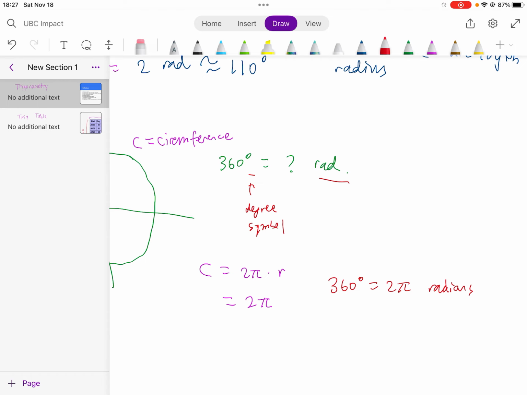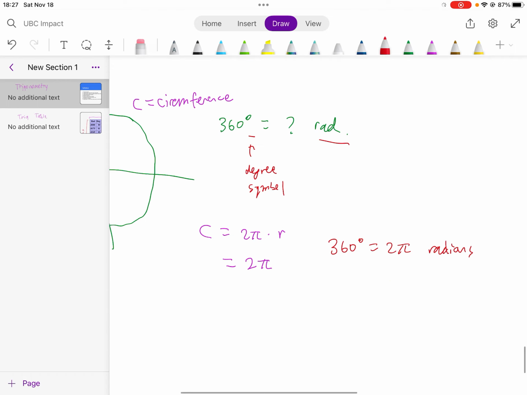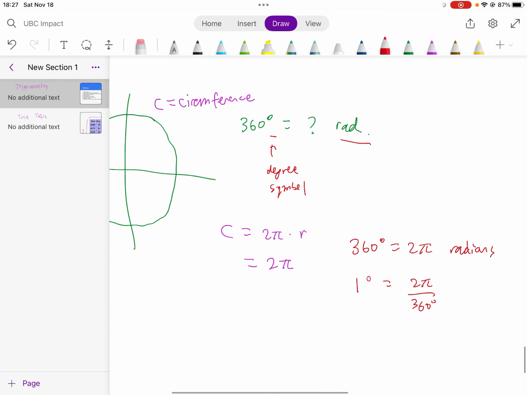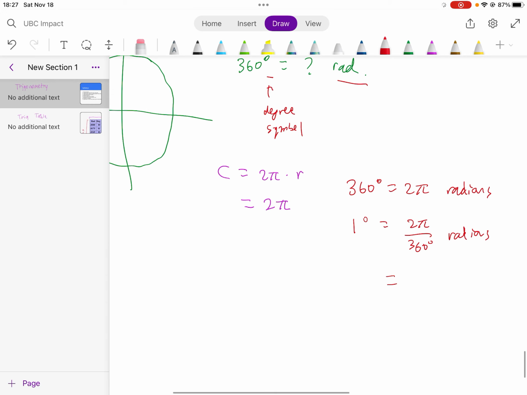Which means that 1 degree is equal to 2 pi divided by 360 radians, and so is equal to pi over 180 radians. I can't write.